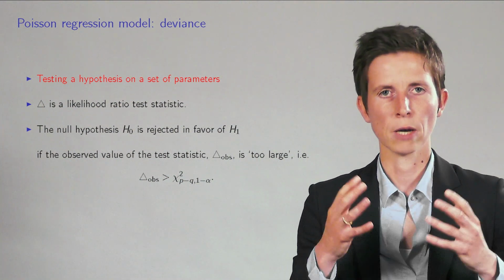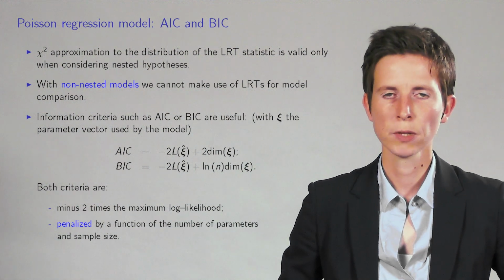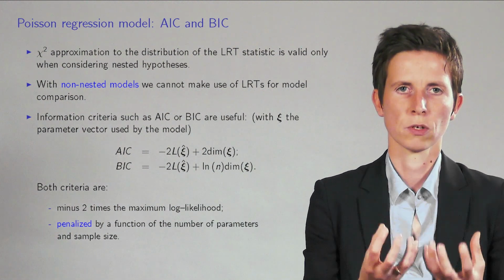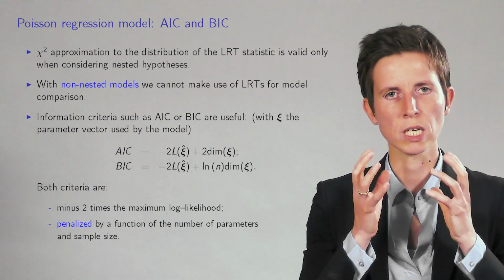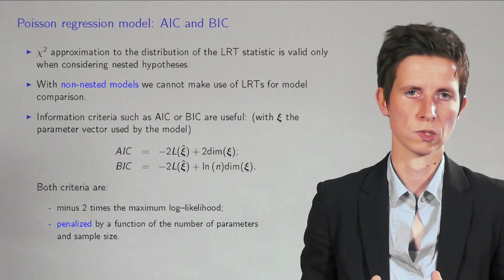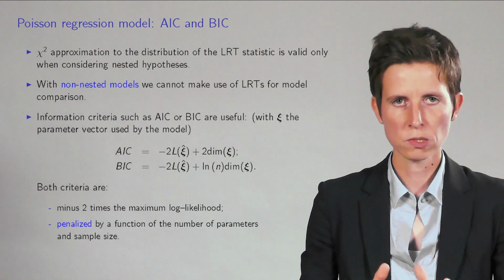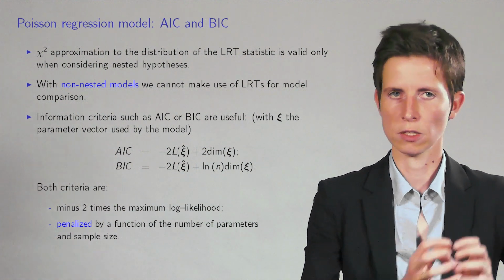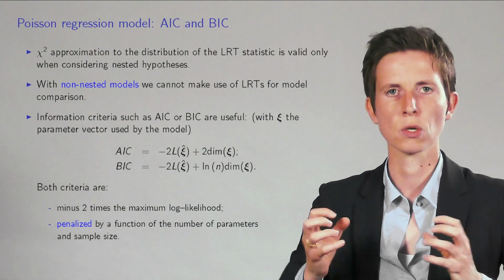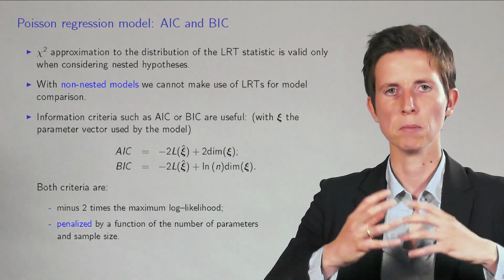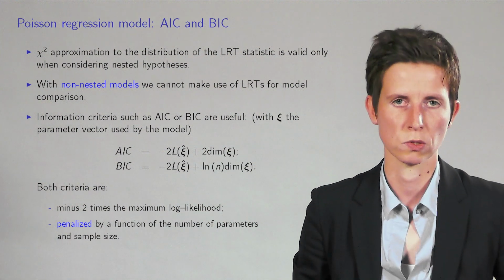Now, this chi-squared approximation to the distribution of the likelihood ratio test statistic is valid only when we consider nested hypotheses. With nested models, the set of covariates that is used in the null hypothesis must be a subset of the covariates that are used by the model in the alternative hypothesis.